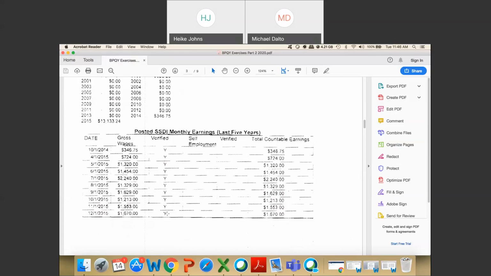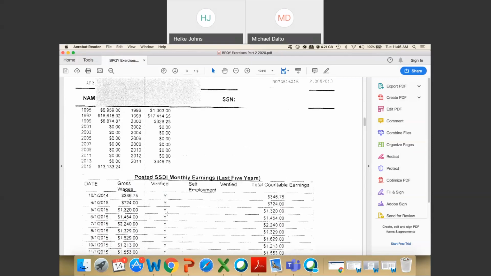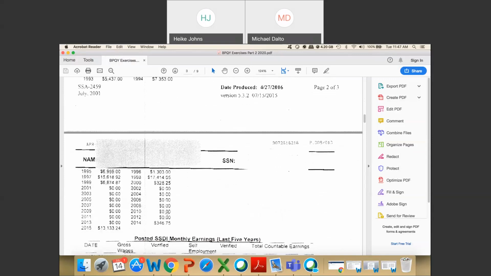Step 3 is to check to see if there are any annual earnings listed under the IRS recorded earnings section since the most recent of those dates, since December of 2015. Well, for the IRS recorded earnings section, we see most recently 2015 has earnings reported.